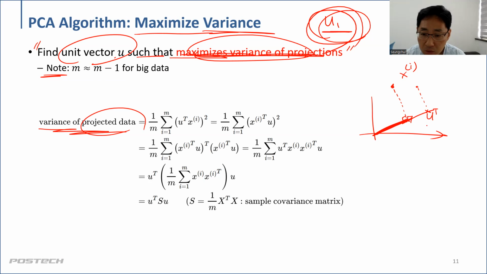So since these are unit vectors, if you do U transpose X, it's an inner product.